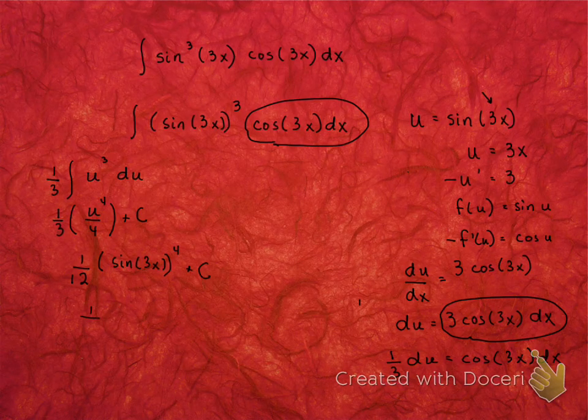So the rewrite of that could be sine to the 4th of 3x plus c. And actually, those parentheses are not needed, okay? And that is our antiderivative.